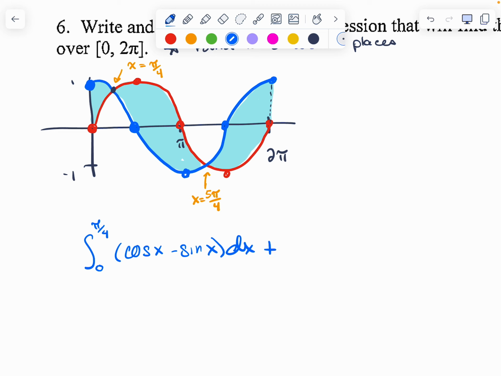plus my second area. This one goes from pi fourths to 5 pi fourths. And that one, sine is on top, so sine of x minus cosine of x.